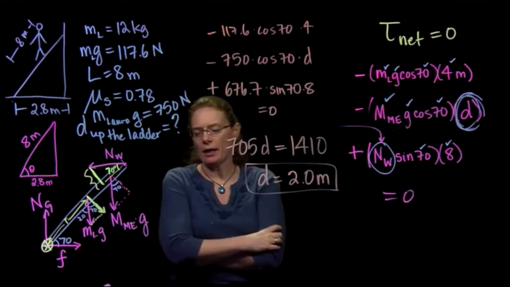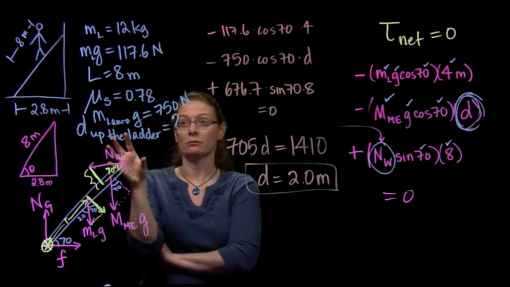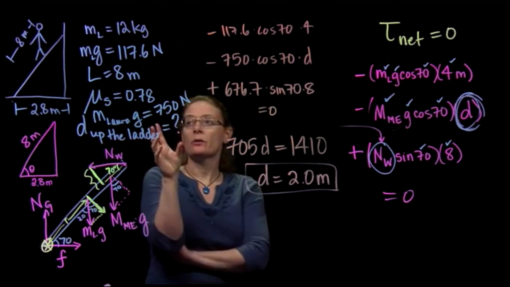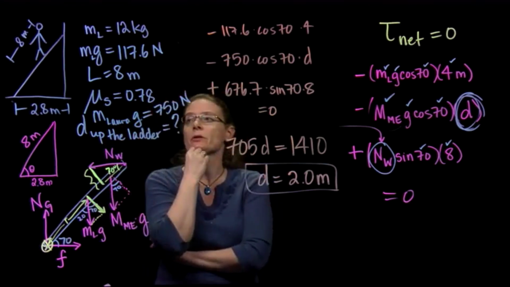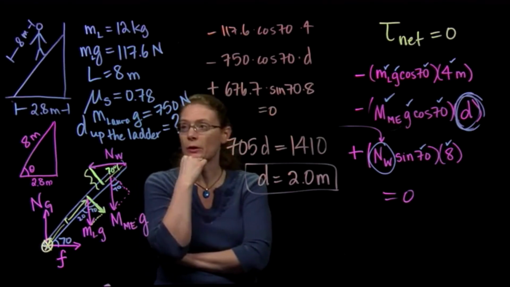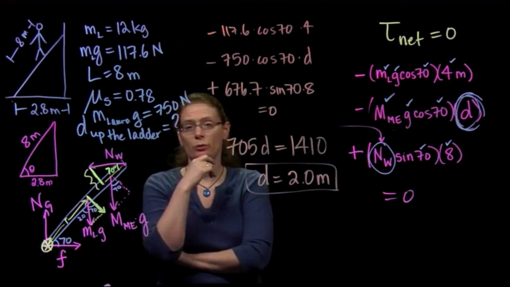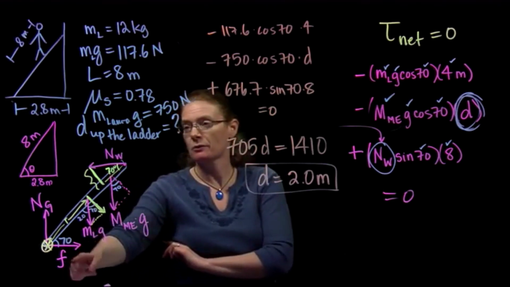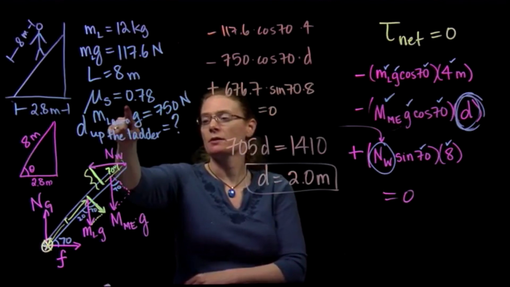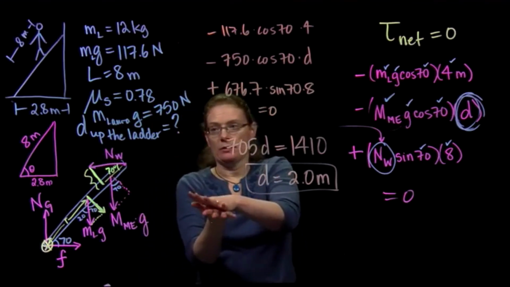Now, just out of curiosity, are there ways that we could make it safer? What could I do so that I could get all the way up the 8 meters of the ladder? Well, heavier ladder, that would probably do it. I guess the best thing to do would be to increase the size of the friction force, which means making those legs even stickier against the ground.